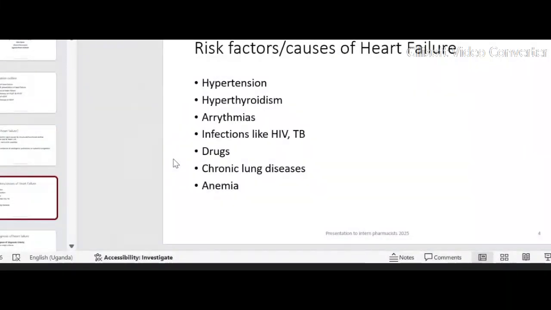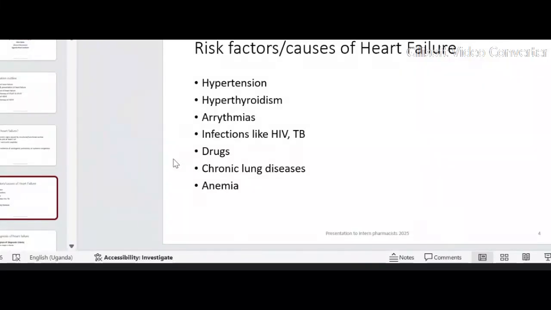Okay. There are some risk factors or causes of heart failure. The number one cause of heart failure in our setting is hypertension. There are so many hypertensive patients. We discussed hypertension last time with Dr. Carol. Hypertension is the biggest problem in Uganda in terms of NCDs. It's the number one problem. I always tell everyone I meet, my students, my interns, everyone must know how to manage hypertension because it is the number one problem of all cardiac diseases.